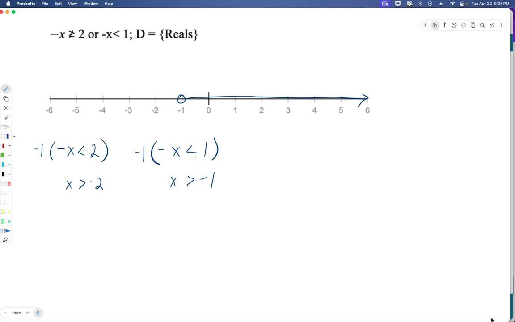Let me double check. Okay, so we would start at the negative 2 because, I had to go look it up, this one includes this one. So because this one includes this one, it's going to be the one that gives the best answer.